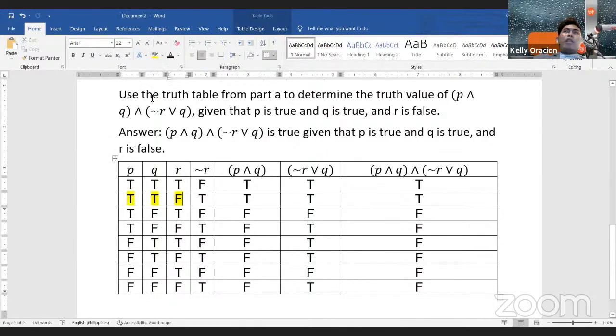What will be the truth value? True, true, false. That means in the last column, the answer is true. Again, the answer is true. That's correct. Very good.